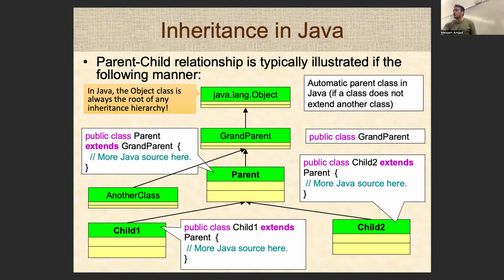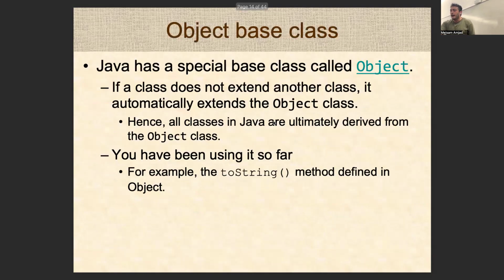The Math class, where you call sqrt, abs, all those methods, comes from the same package. So that's why you're not importing it. By default, you can just use it, knowing that your class is going to be the child of this guy.